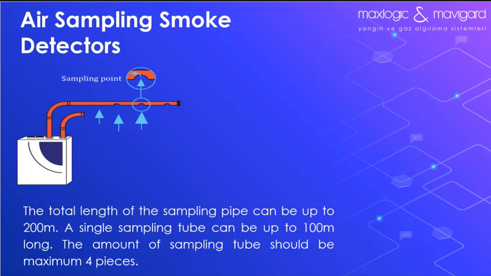When designing active air sampling detectors, a maximum of 4 pipes can be used in the system, and the total length of these 4 pipes can be a maximum of 200 meters. The length of any single pipe in the system can be up to 100 meters. Information about the detection distance of the holes on the pipes is also given in article 6.5.2.2 of the standard.